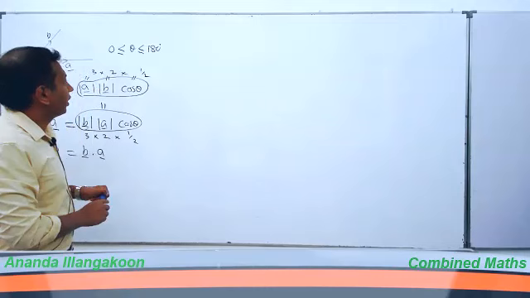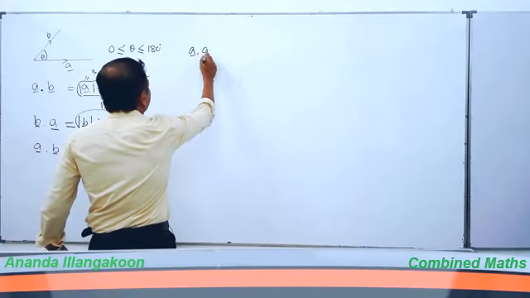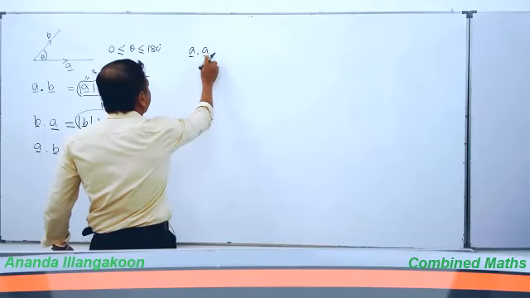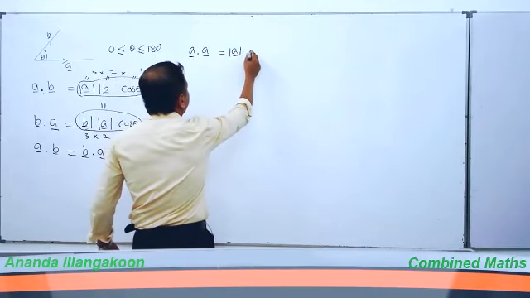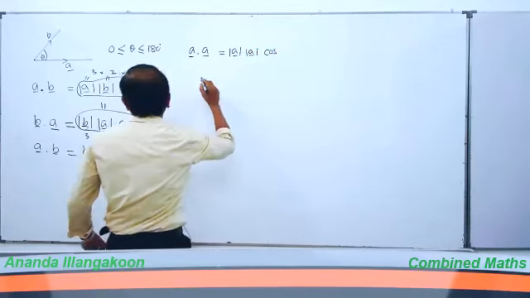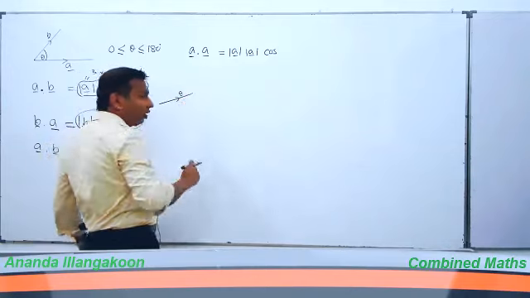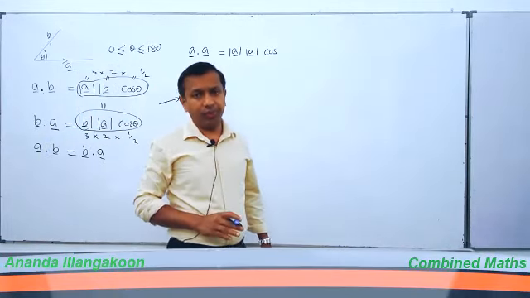Secondly, another property we learned: we take the dot product of vector A with itself, A dot A. According to this, we can write mod A, again mod A, cos. When we consider vector A, the angle between vector A and vector A is 0.